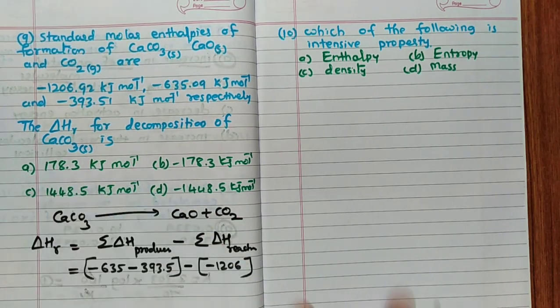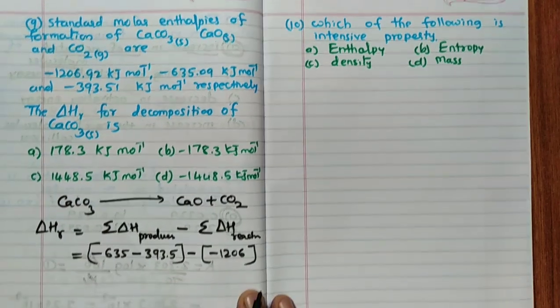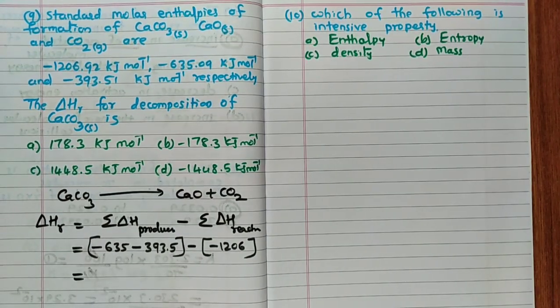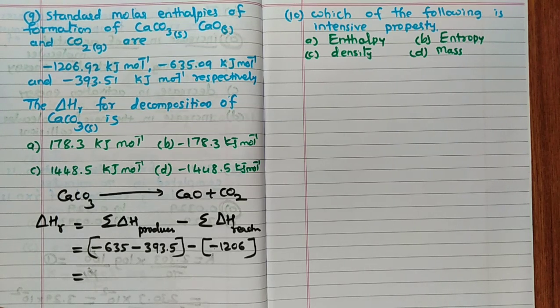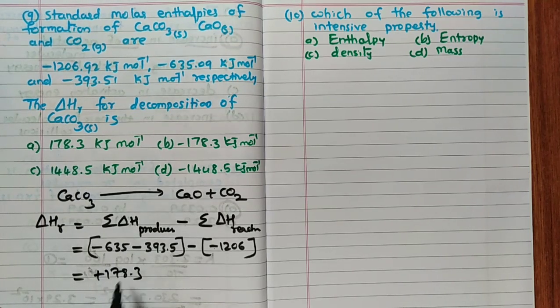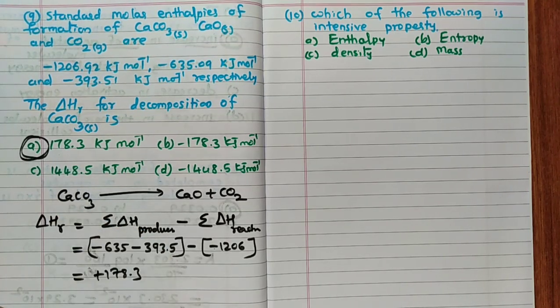Because the options have more difference in the answer, you can estimate easily. See, minus 600, minus 400, so almost minus 1000; minus of minus gives plus 1200. Definitely the answer is about plus 200, and plus 200 means 178. So plus 178.3 is the answer. The answer for this question is A.